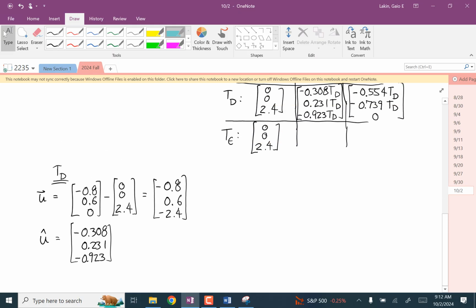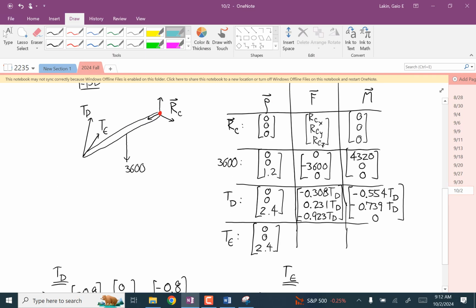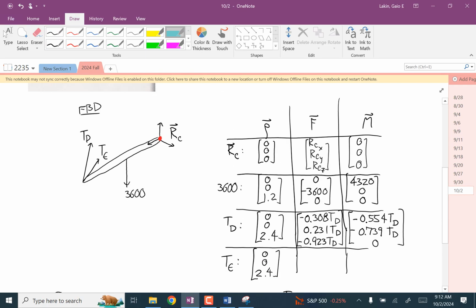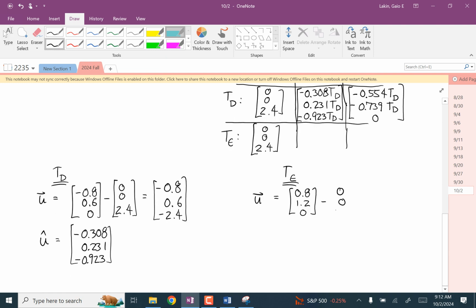And now we have to do the same thing for E. So the vector in the direction of the force that's not a unit vector yet is going to be E minus A. So 0.8, 1.2, 0 minus 0, 0, 2.4.